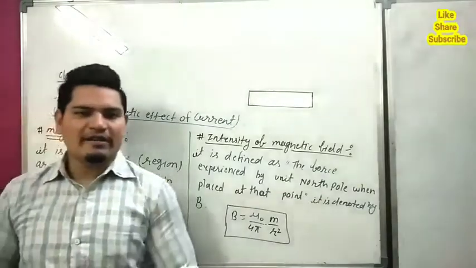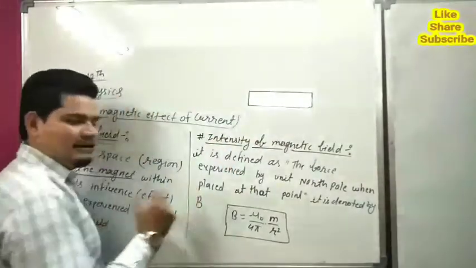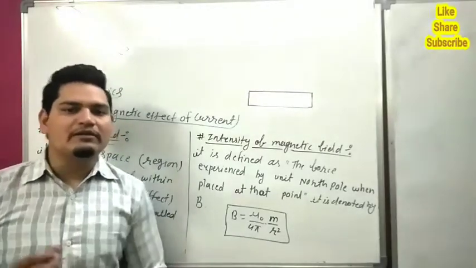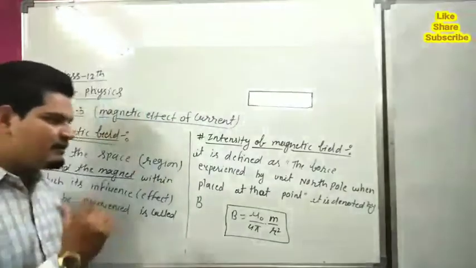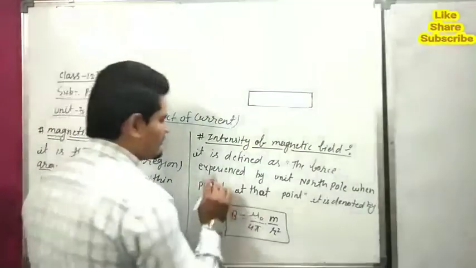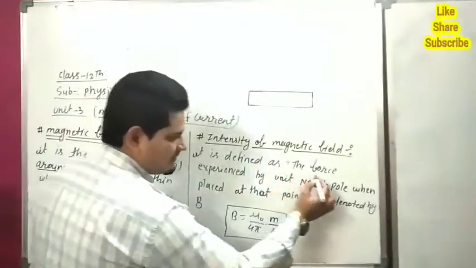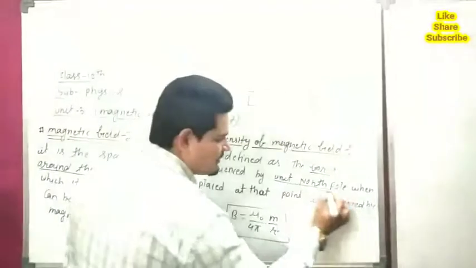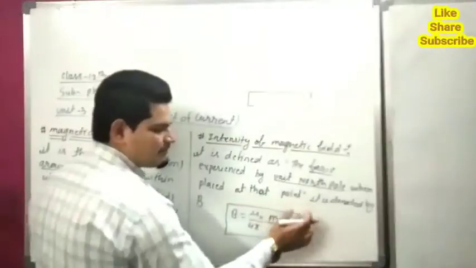Now our second topic is intensity of magnetic field. Intensity of magnetic field is the force due to the magnetic field on the unit north pole. So it is defined as the force experienced by unit north pole when placed at that point.